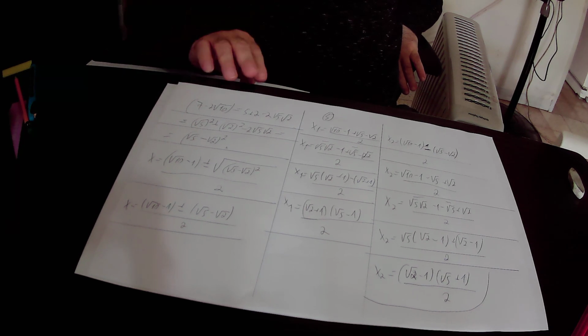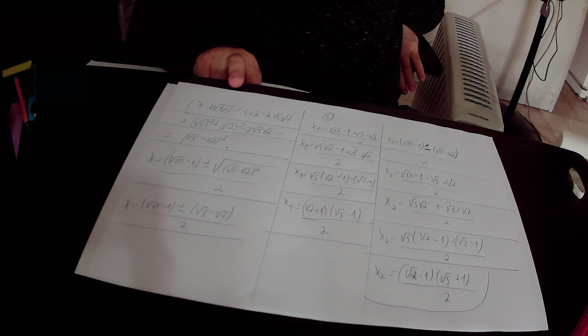7 is 5 plus 2, so we substituted 7 by 5 plus 2, and square root of 10 is square root of 5 times square root of 2, so we substituted square root of 10 by square root of 5 times square root of 2.